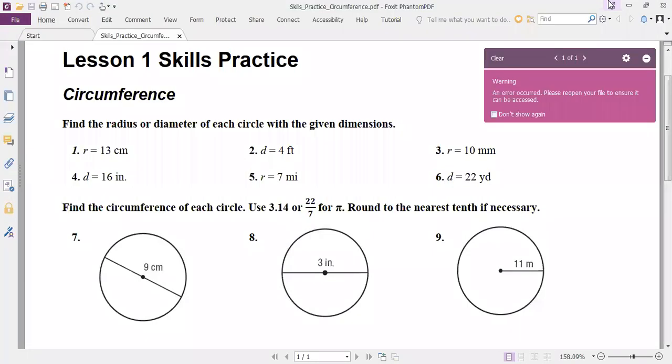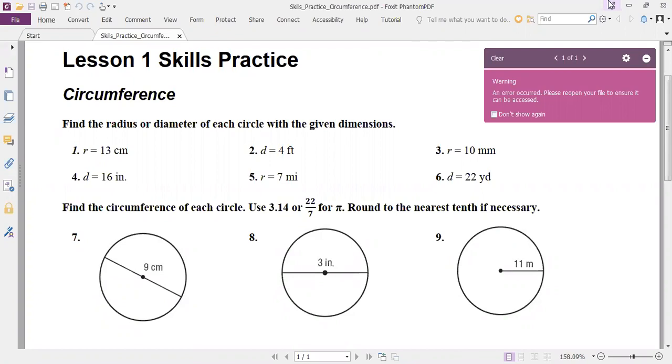Okay, can you do the next one alone? If he gives me the diameter is equal to 3, what is the circumference? Tell me. It equals 3 times 3.14, right?